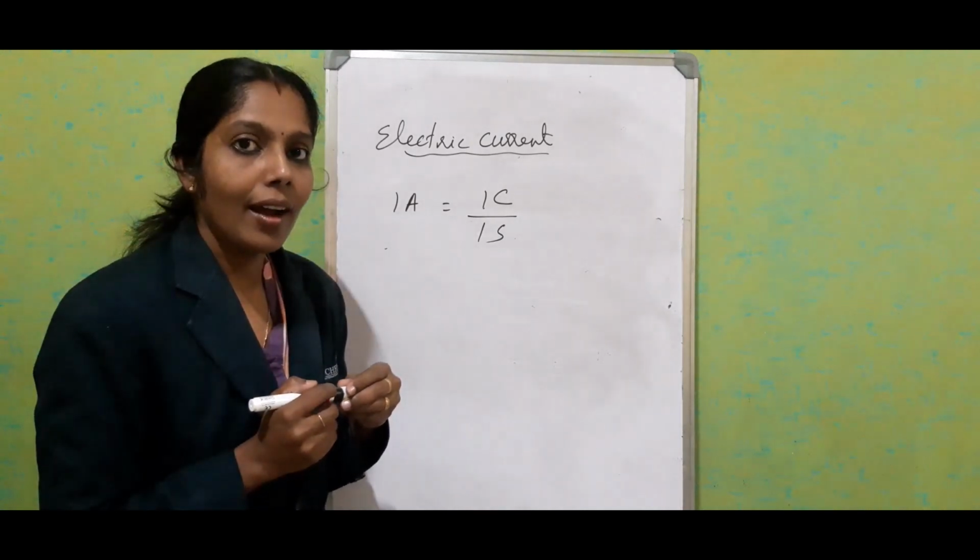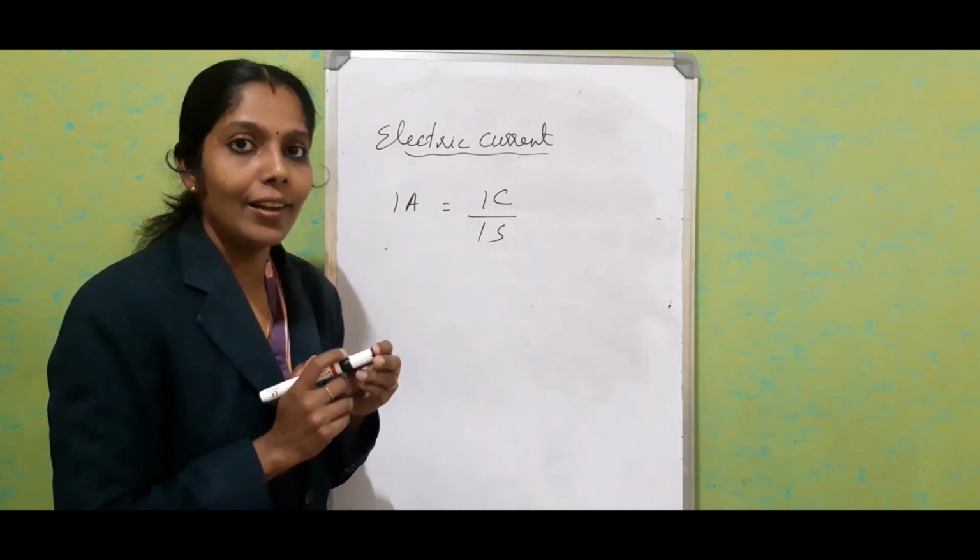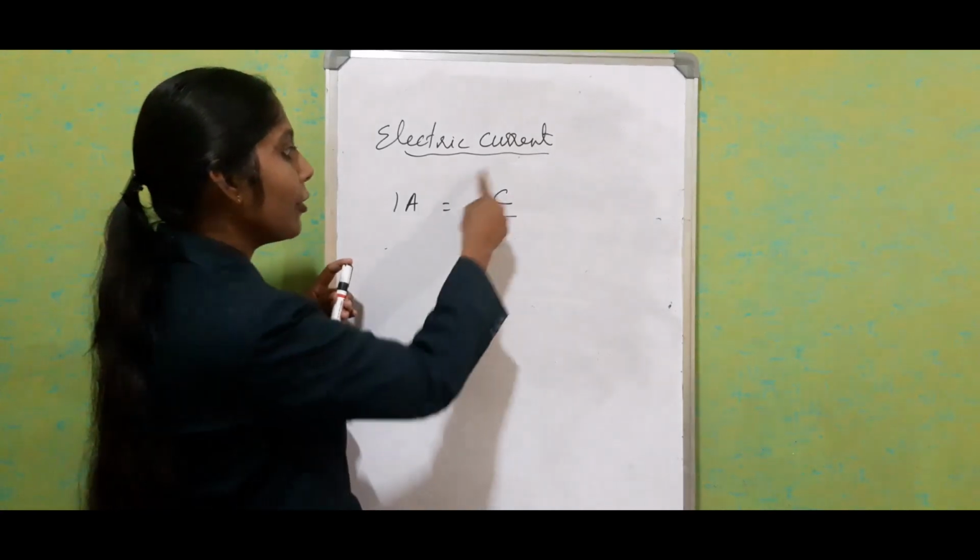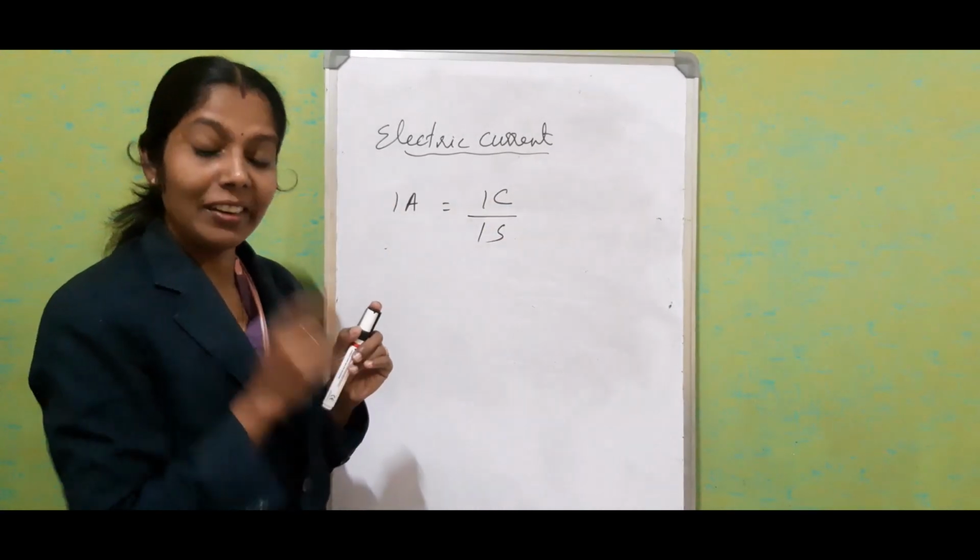Shall we find out how many electrons should cross in 1 second to get 1 coulomb of charge? We'll find it out.